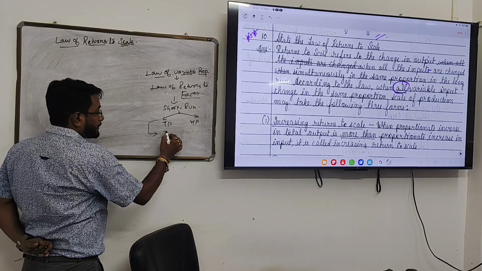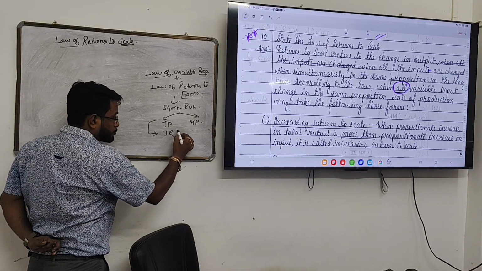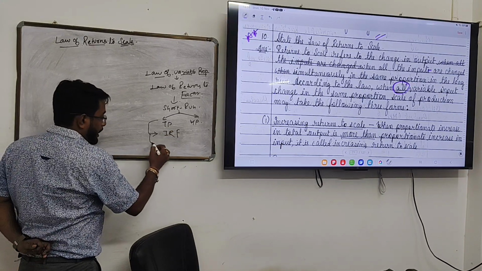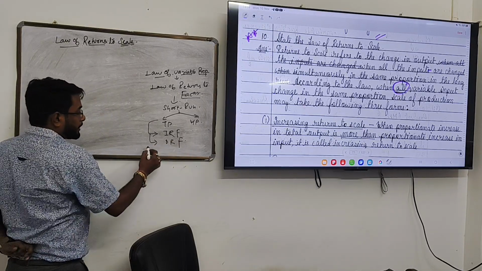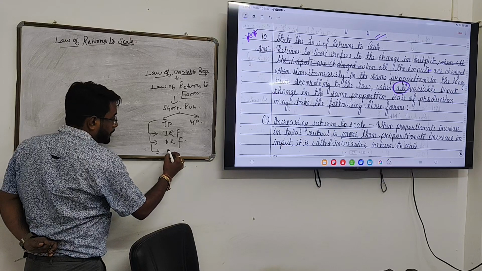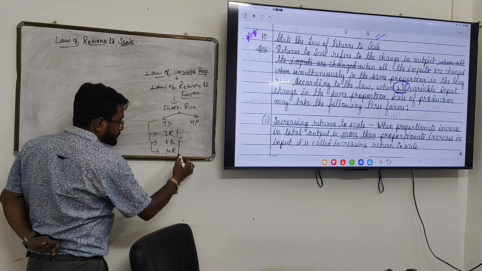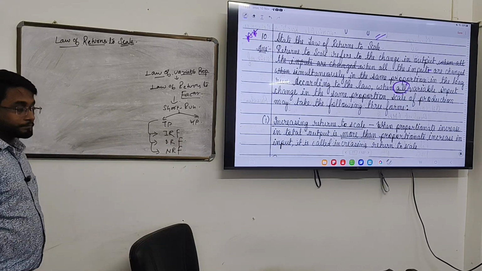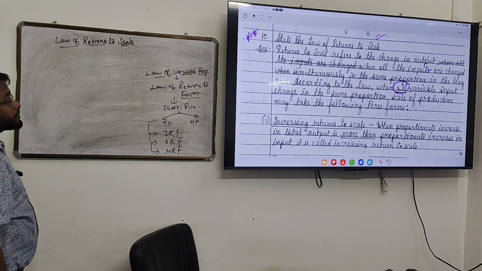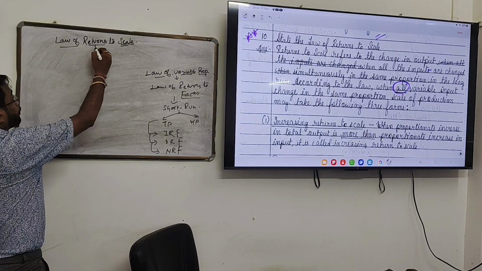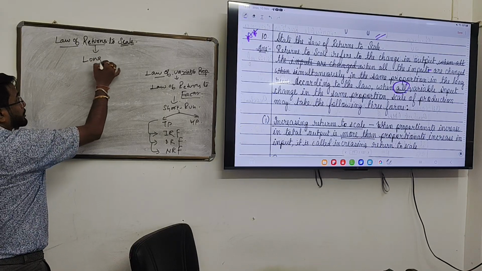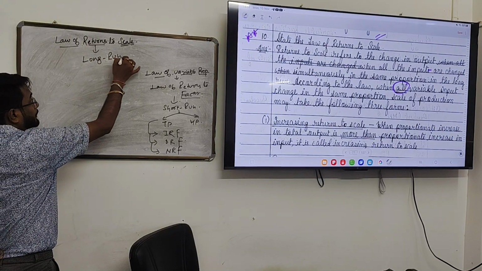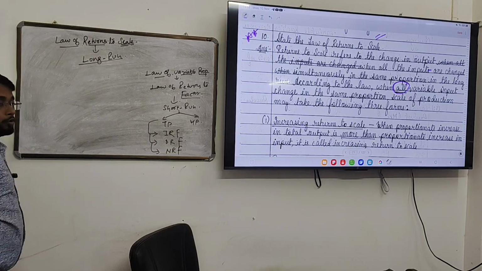In three stages. Stage 1, increasing returns to factor. Stage 2, decreasing returns to factor. And stage 3, negative returns to factor. But when we come to returns to scale, this law is not operating in the short run, rather it is operating in the long run.